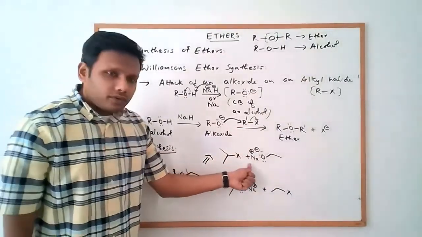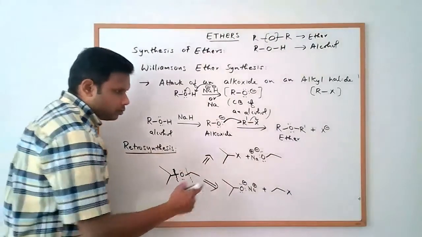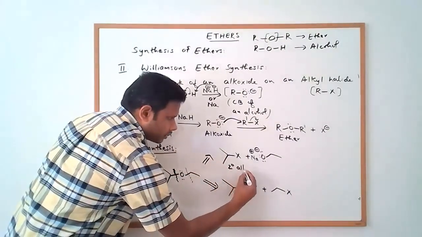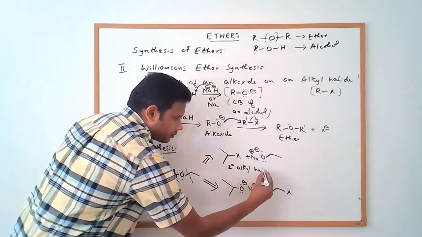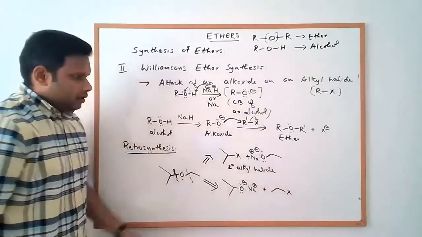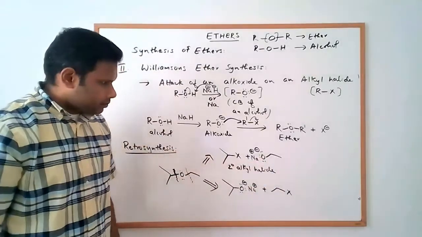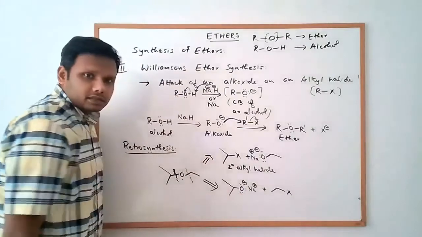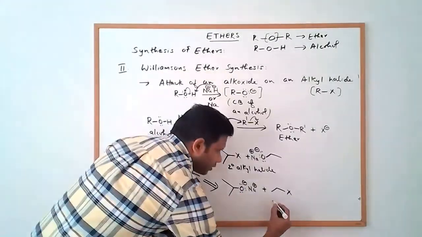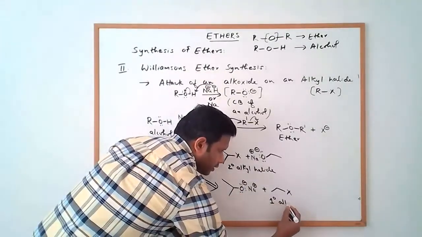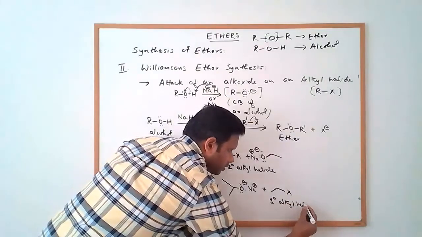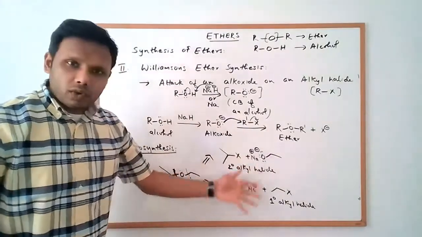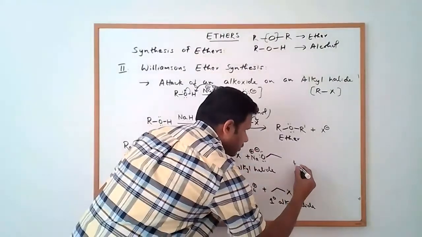If I analyze the first one, what I notice is we have a secondary alkyl halide here with a strong nucleophile. SN2 reaction is possible. If I analyze the second scenario here, we have a primary alkyl halide.